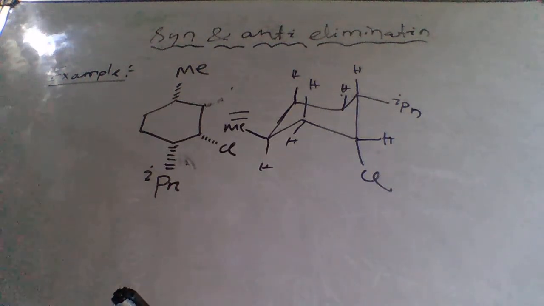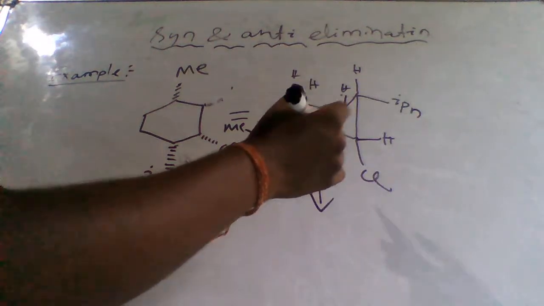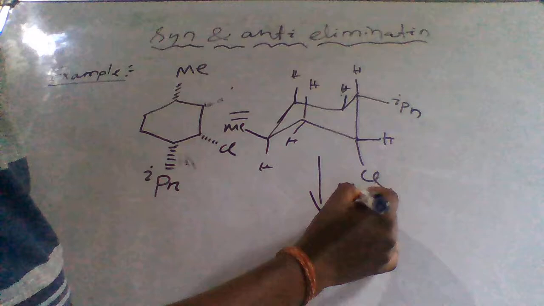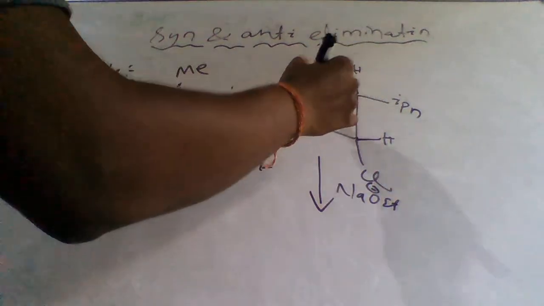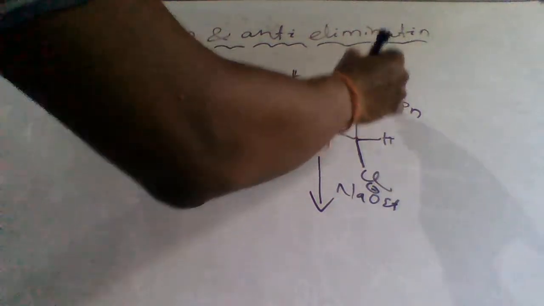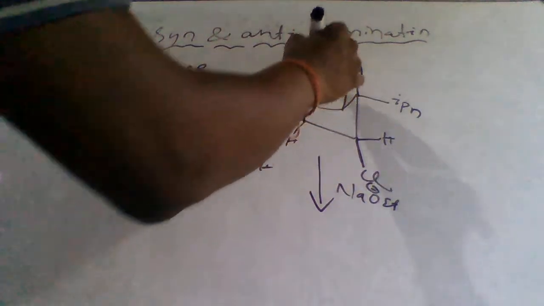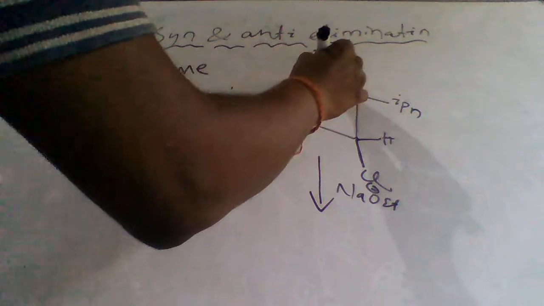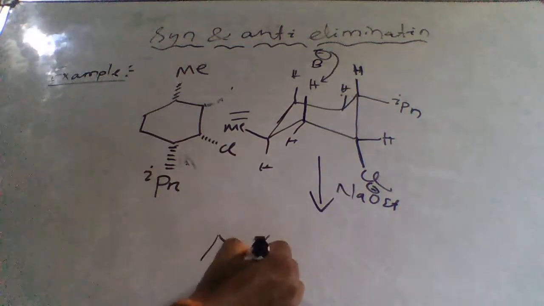And you will see that when this is treated with base like sodium ethoxide, this bond is anti-periplanar to this bond, and also this bond. Here two possible products can be formed when this base attacks. Here this product will be formed.